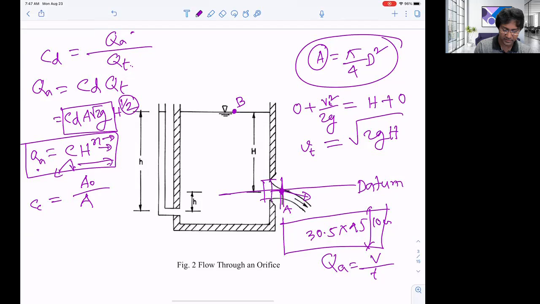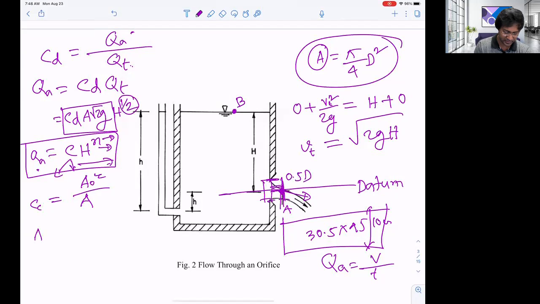If we measure this distance, it is 0.5 d from the opening, where d is the diameter of the opening. If you know the diameter of the opening, you know the vena contracta is located 0.5 d from the opening to the right side. But we don't know how to measure the diameter of the jet, so we can't calculate A naught directly. We have to calculate the area at the vena contracta.